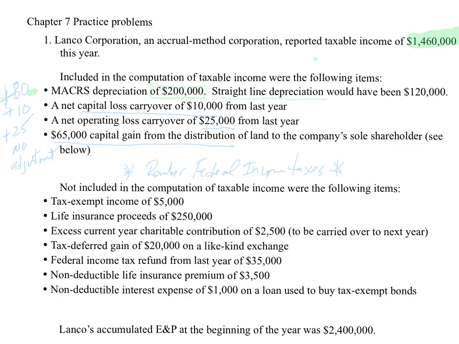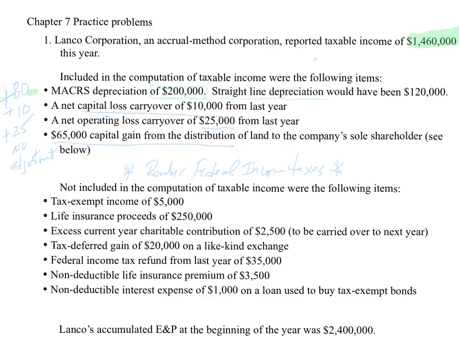One of the big adjustments that we have to make from taxable income to earnings and profits is to remember to subtract out federal income taxes. So I'm just putting that because we're going through and making notes about how each of these items impacts our earnings and profits calculation. So we want to make sure we get that on the list to keep ourselves straight.